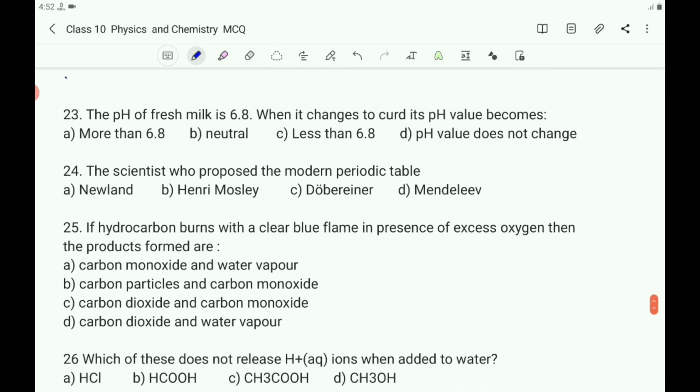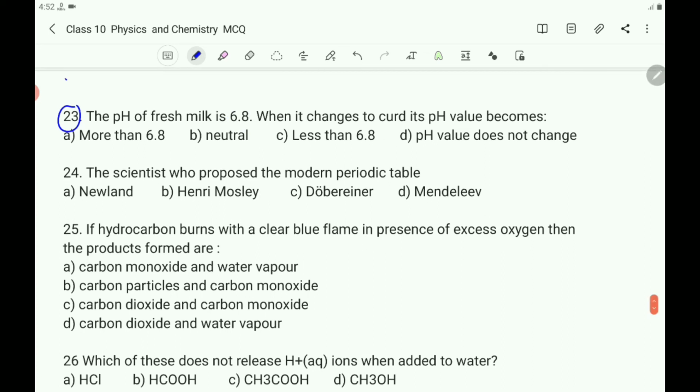Next you take question number 23. The pH of fresh milk is 6.8. When it changes to curd, its pH value becomes... The pH value of neutral is 7, and less than 7 they are acidic in nature, greater than 7 they are basic in nature. So when curd is formed from milk, its acidic nature increases, so the pH value must decrease.